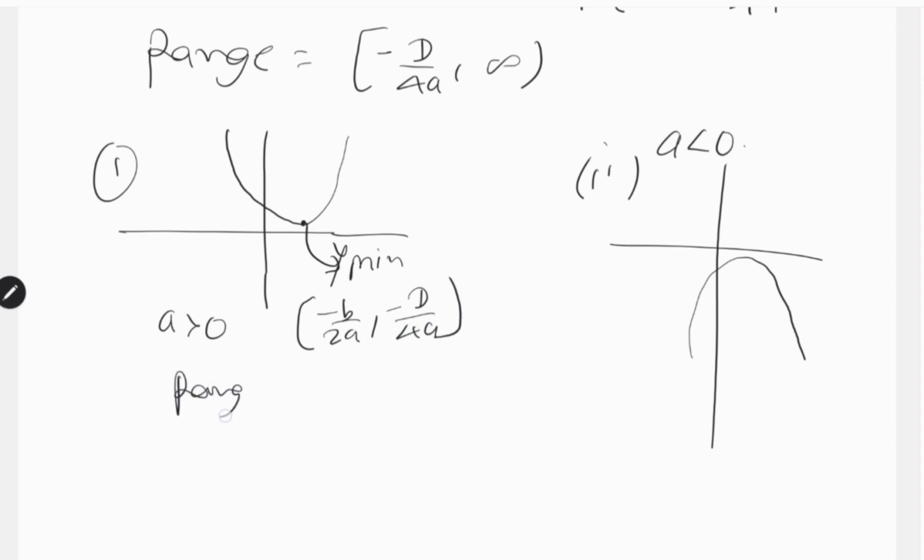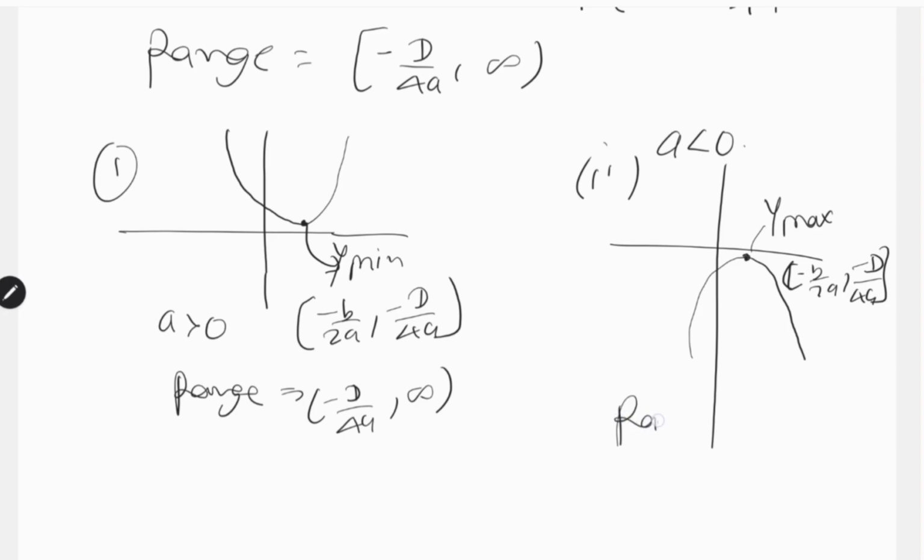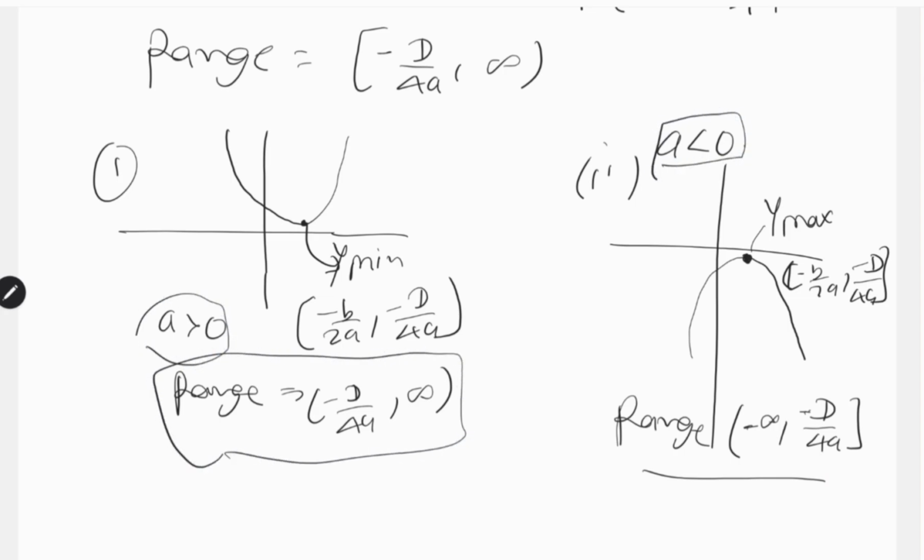Then the range is from the minimum point, minus D by 4a, going to infinity. For a less than 0 that is the maximum point, at minus b by 2a and negative D by 4a. Then the range is from the maximum point, negative D by 4a, down to minus infinity. Okay, that is the range for a less than 0, and that is the range for a greater than 0.